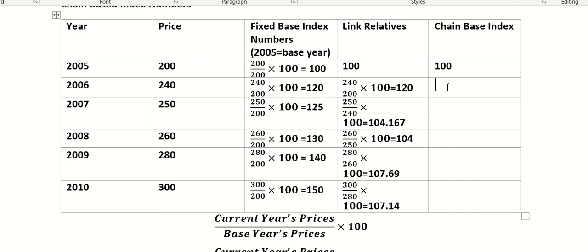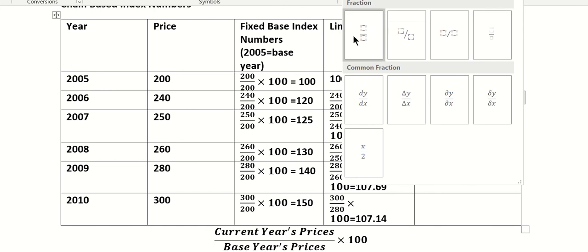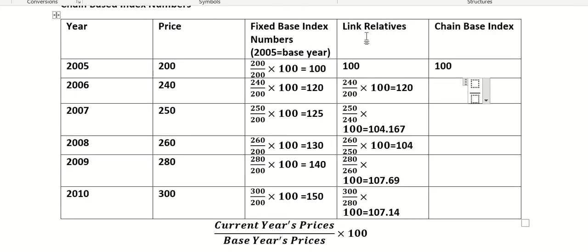The formula which we apply here: the denominator will remain 100 only, we will not change it.